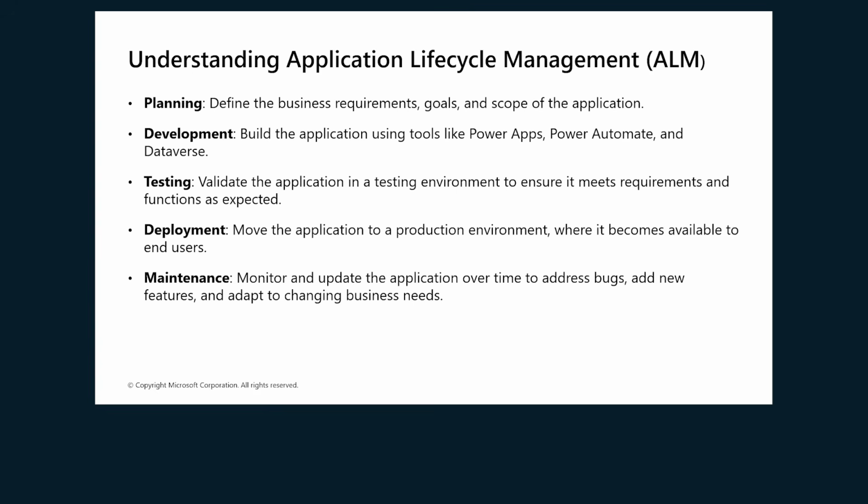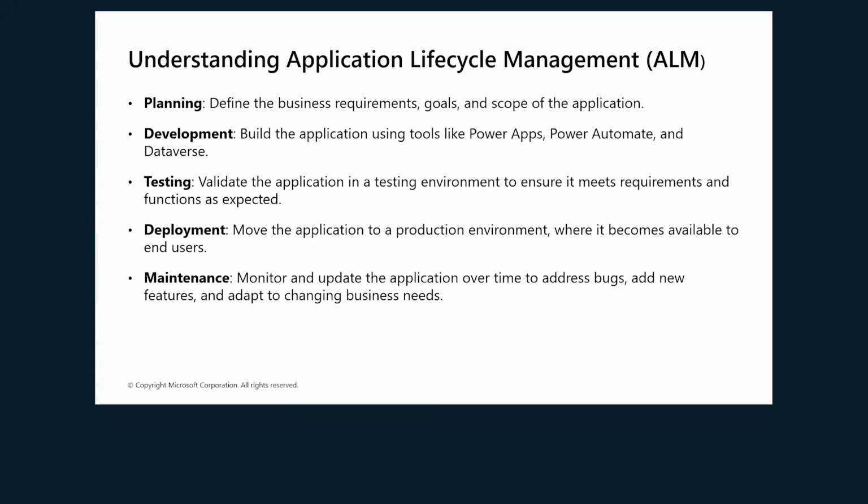Deployment involves moving the application to a production environment using solutions that package all components, ensuring consistency and reducing deployment errors. Finally, maintenance ensures the application remains relevant by addressing bugs, incorporating user feedback, and adapting to evolving business needs.